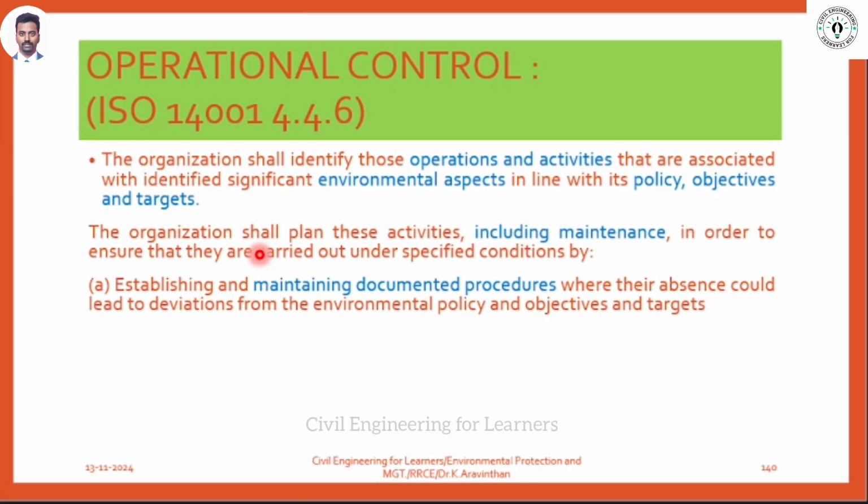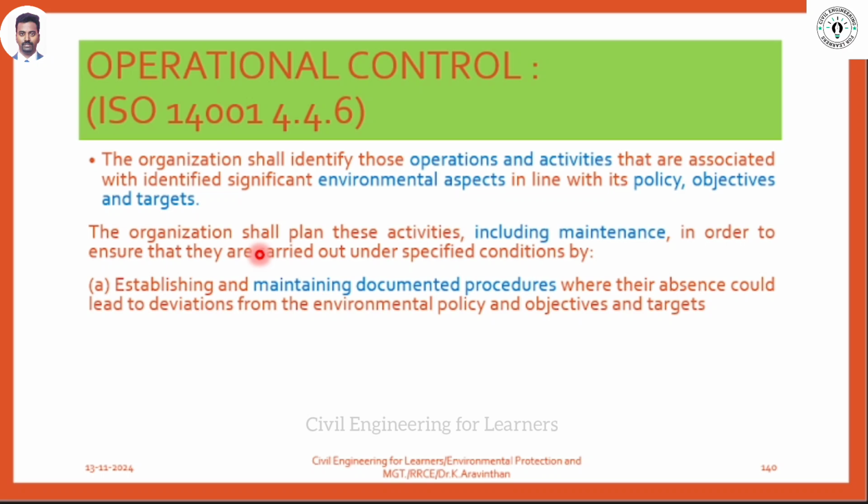When you need a document in an organization, ISO 14001 says that if you want to document everything, you will be having a huge volume of documents for an industry. Example, the process: what process should be followed for switching on the generator? The generator should be switched on when the normal power is not available. So there will be a procedure.